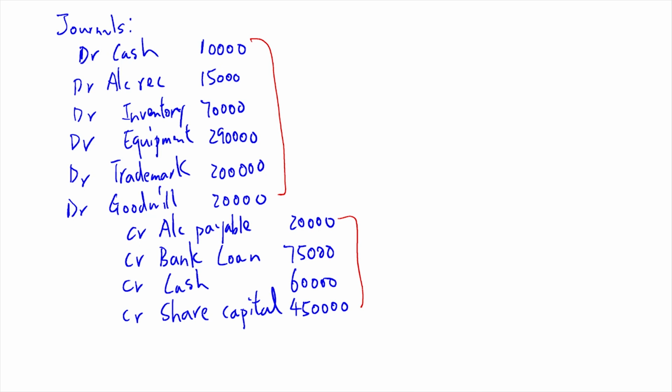So this is the main journal, which will recognize individual assets and liabilities. After that, just like Part A, we also need to recognize the share issue cost as well as the acquisition cost. So based on this question, it says that the share issue cost was $2,500. So once again, we are going to recognize directly against capital.